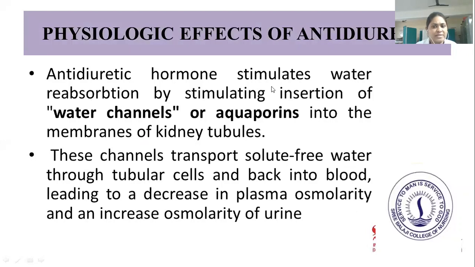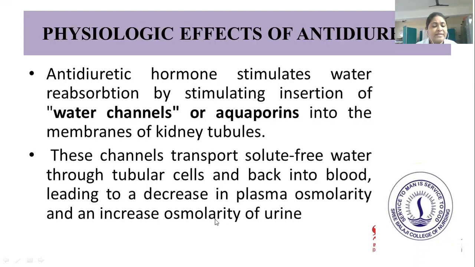Antidiuretic hormone stimulates water reabsorption by stimulating insertion of water channels, or aquaporins, into the membranes of the kidney tubules. These channels transport solute-free water through tubular cells and back into the blood, leading to a decrease in plasma osmolarity and an increased osmolarity of the urine.